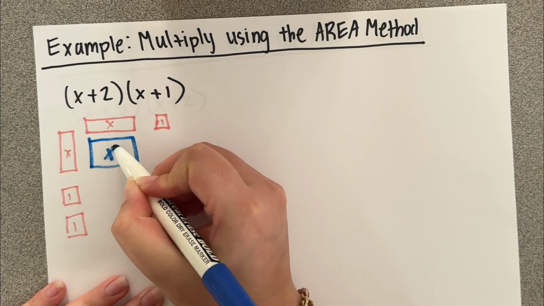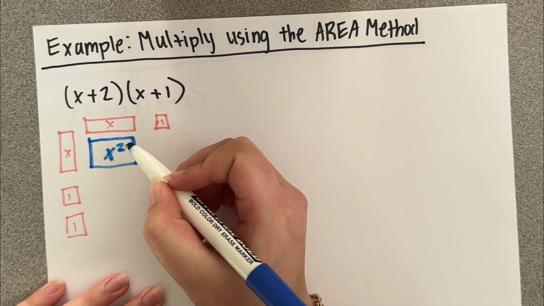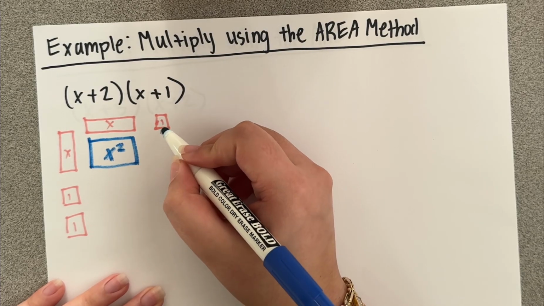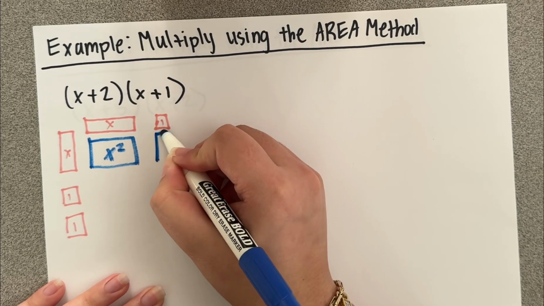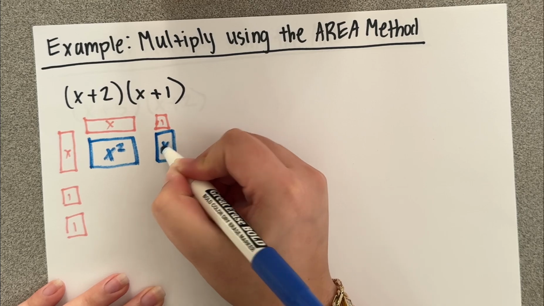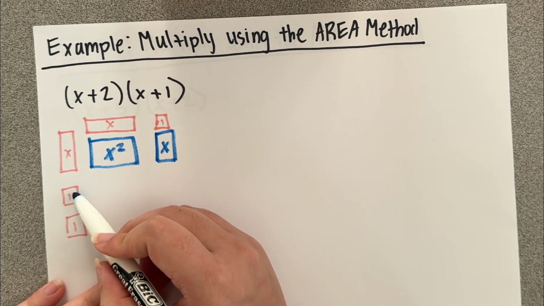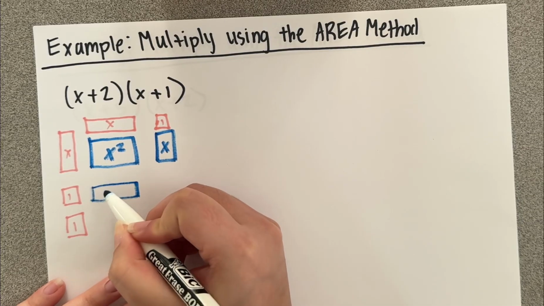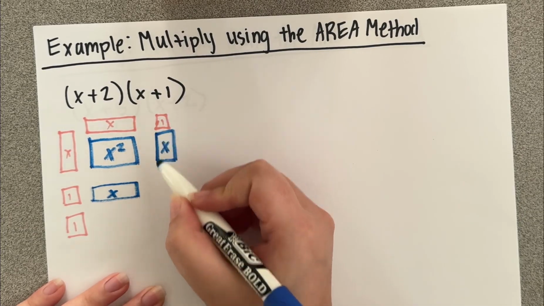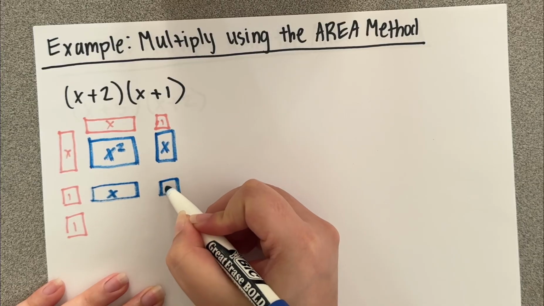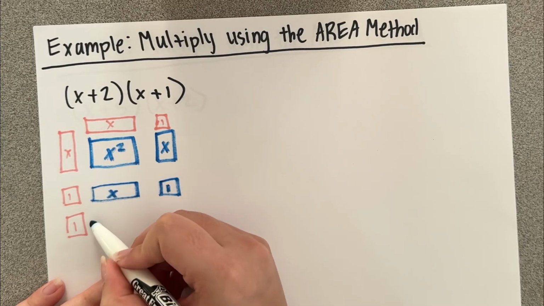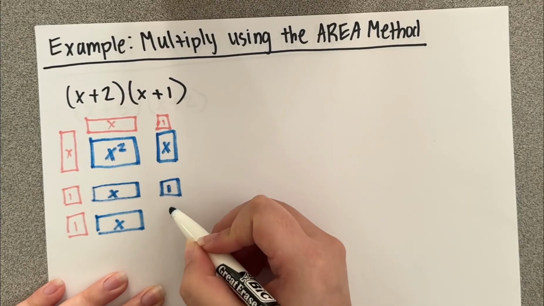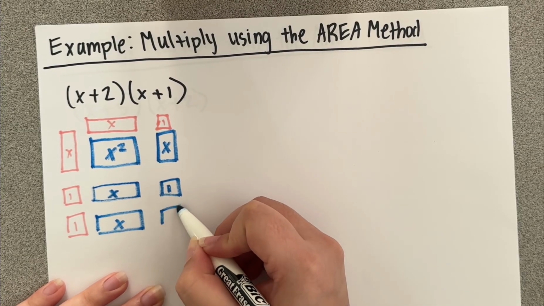So we have an x squared. And then we do x times 1. That's just x. Okay, now we do 1 times x. That's just x. 1 times 1. That is 1. 1 times x. That's x. And 1 times 1. That's 1.